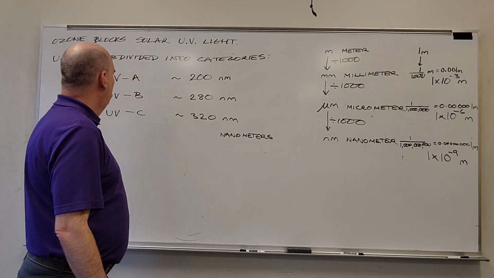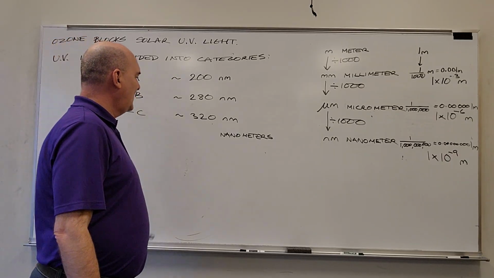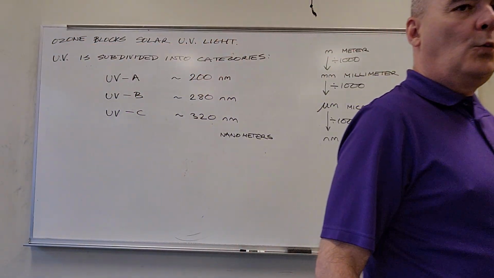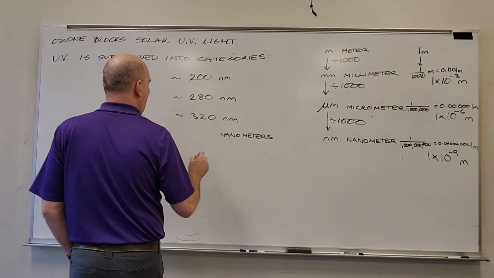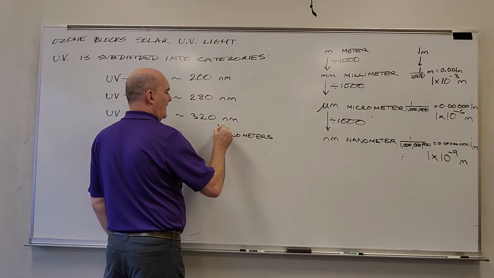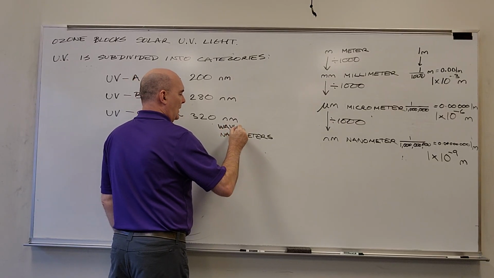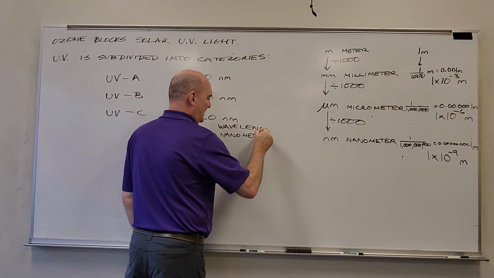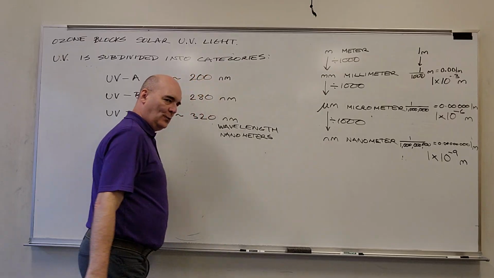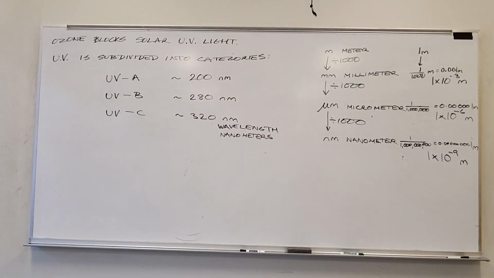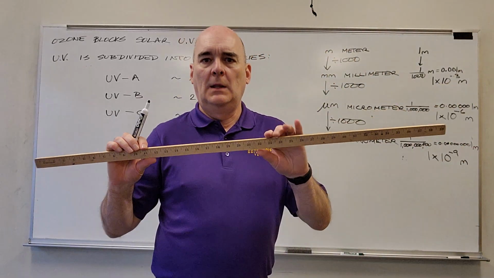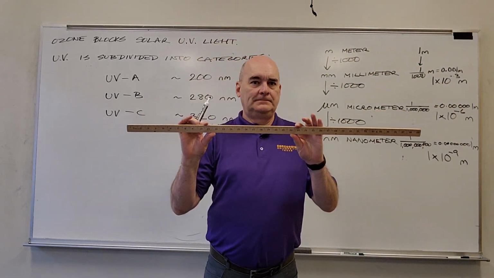So, UVA, UVB, and UVC are these wavelengths. These are not frequencies, these are wavelengths. A wavelength is exactly what it says it is. It is the length of one wave. It's the distance. This is a meter.